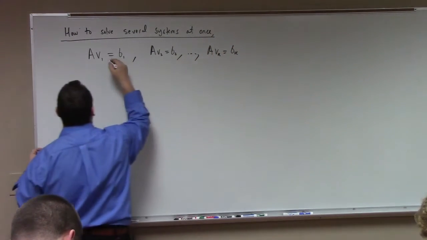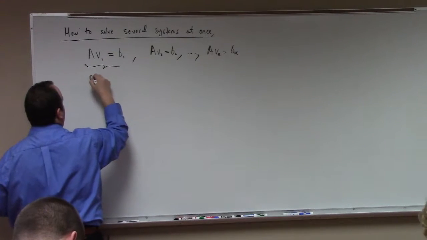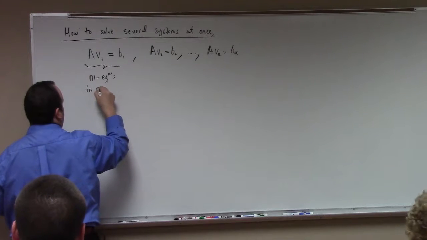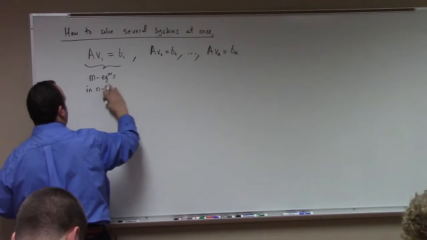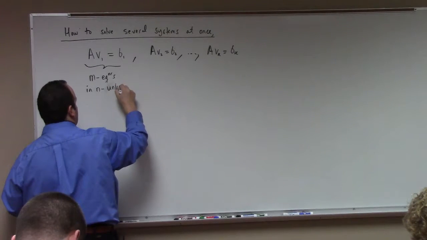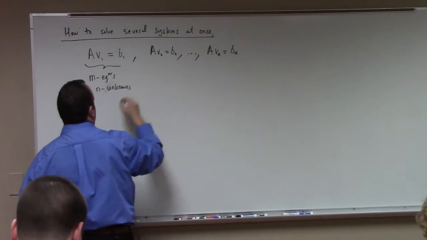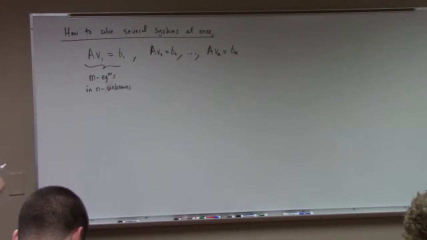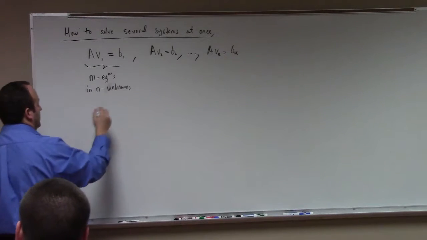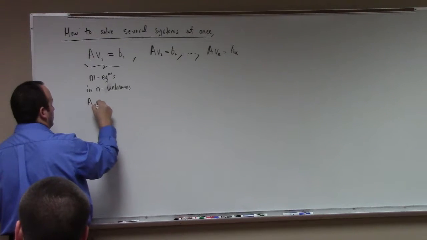Each one of these is M equations in N unknowns. So what size is A? It doesn't have to be square. I would say A is M by N.